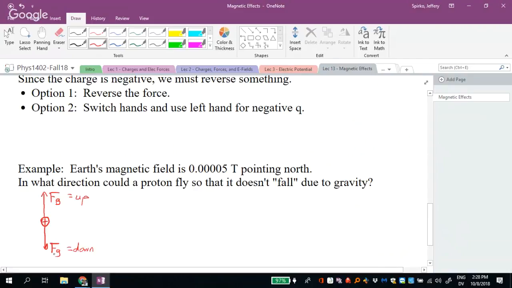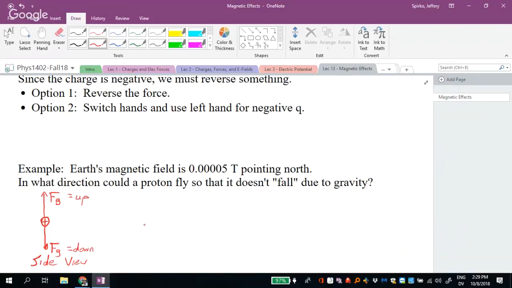And this is a side view. Now, in order to draw the magnetic field pointing north, I need to figure out my coordinate system here. So what view do we want to draw in order to figure out all the right-hand rule directions?